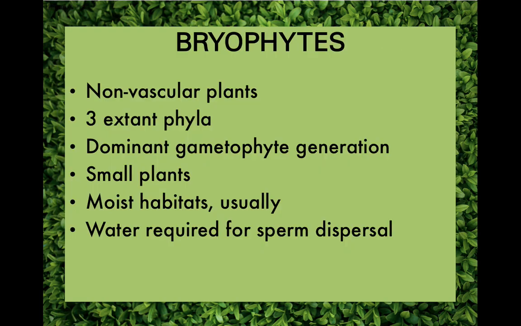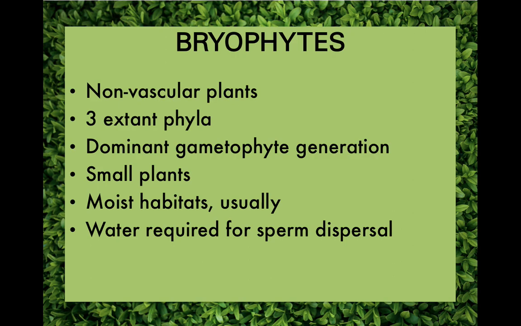So bryophytes is a generic term to describe non-vascular plants. We have one phylum that is called the Bryophyta, with a capital B, but bryophytes, meaning non-vascular plants, is sort of a lowercase b bryophytes. So you have 3 still living phyla, or extant phyla.